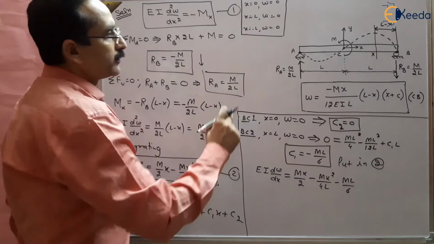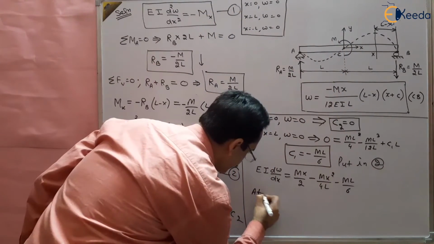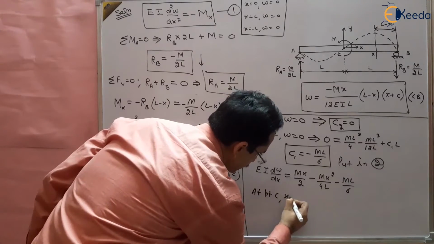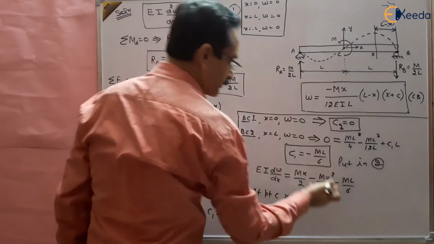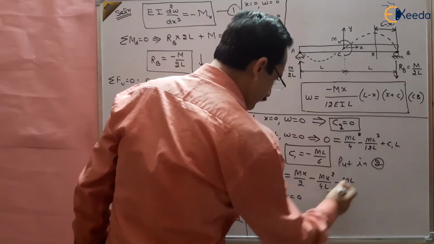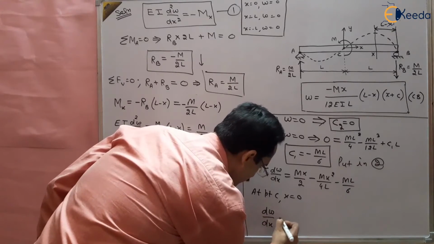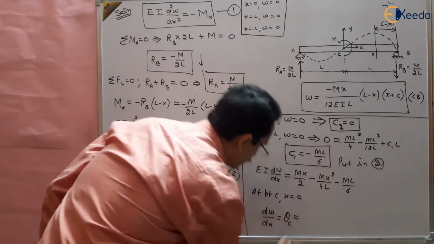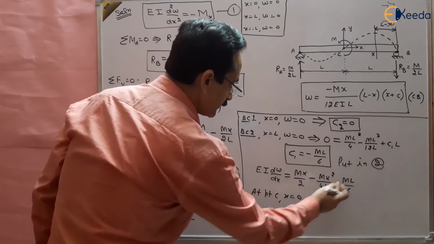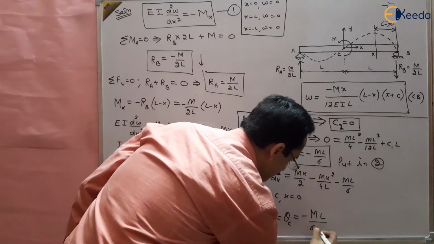Now we have to find out the theta, the slope at point C. So at point C, x equal to 0, put x is equal to 0 here and you will get the slope. So x is 0 here, x is 0 here. So dw by dx, which is theta C, will be equal to 0 here, 0 here. So you will get minus ml upon 6 EI.